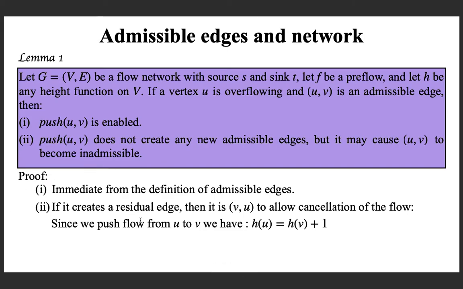Because you are pushing from U to V, as a precondition you know that the height of U must be 1 more than the height of V. And if you rewrite, you will get the height of V as 1 less than the height of U, just taking it to the other side.